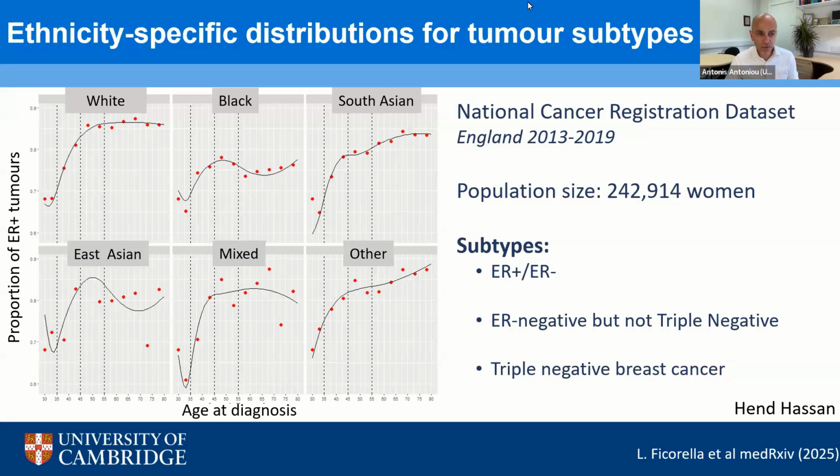So what you can see, for example, is that white women tend to develop primarily estrogen receptor positive breast cancers, whereas the likelihood of developing ER negative tumors is greater among Black women. So something that we knew already, but now they're incorporated explicitly into the models.